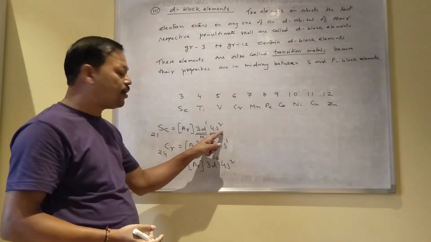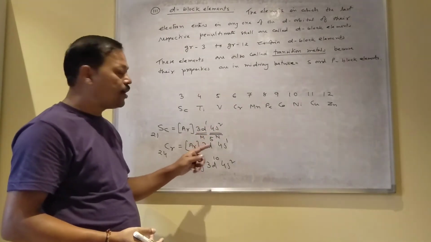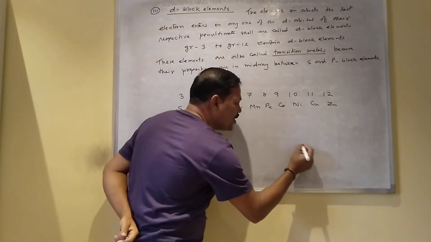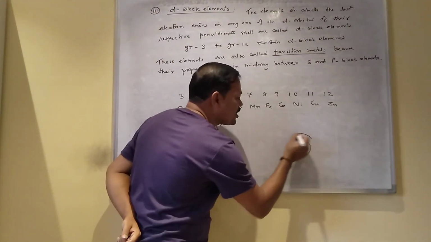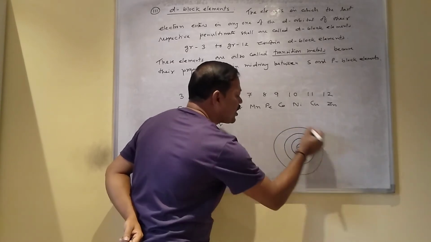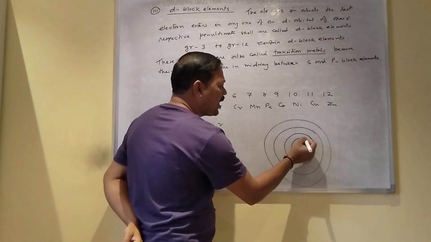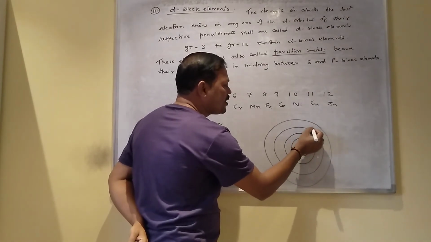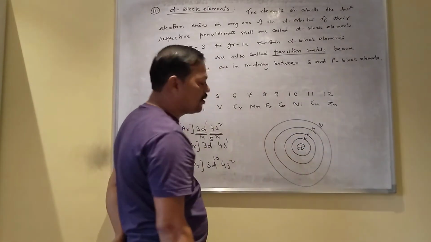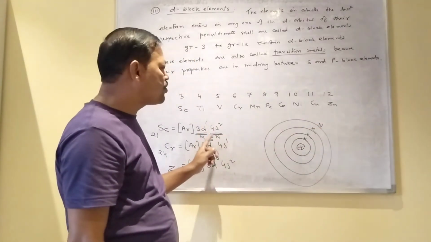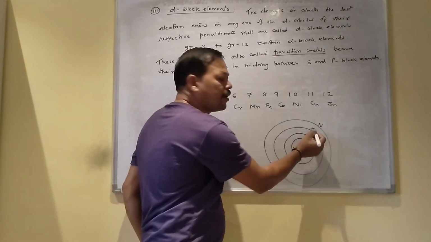The last electron is entered in the M cell, before the valence cell. Suppose this is the nucleus, this is your first cell, second cell, third cell, and fourth cell. This is called K, this is L, this is M, and this is N. Here the valence cell is N, but the last electron enters the M cell.